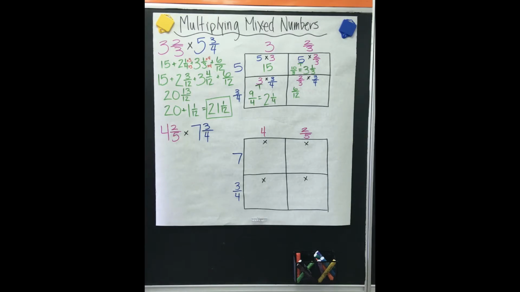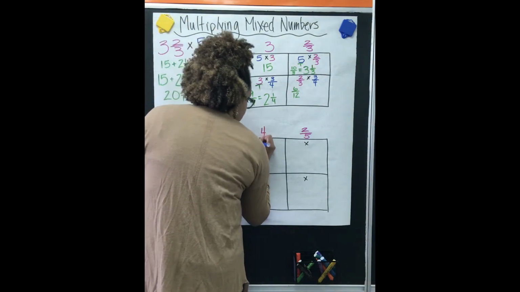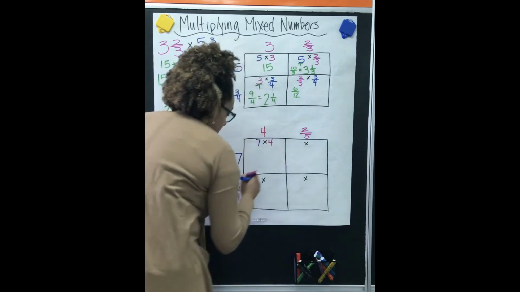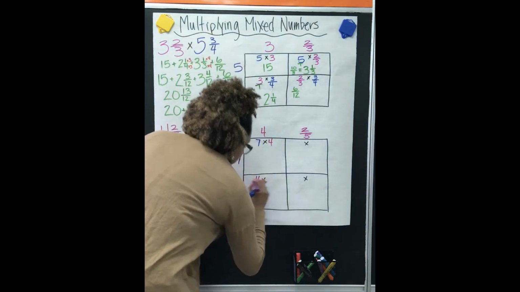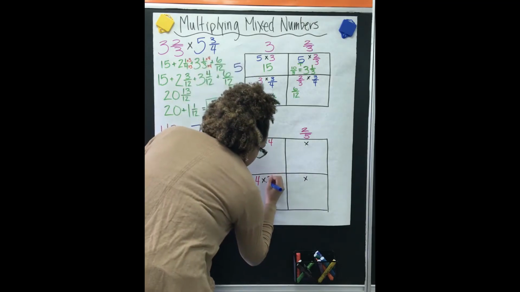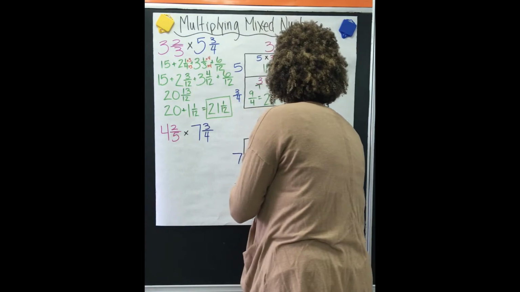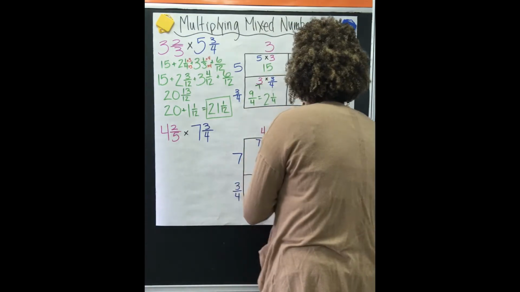Okay, then we're going to write the small problems in the boxes. We have 7 times 4. We have 4 times 3/4. We have 7 times 2/5.